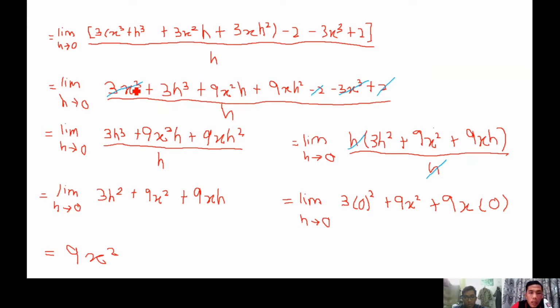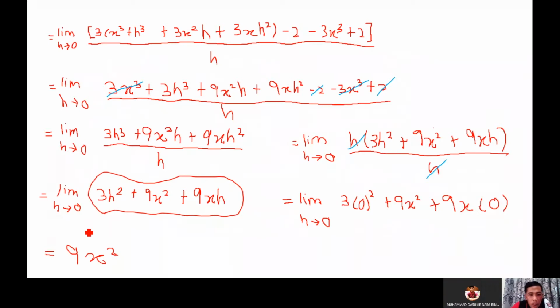So we got the same equation. This is 3x over 3 and 3x over 3. So 2 and 2. So we simplify the equation into 3h over 3 plus 9x 2h plus 9xh over 2, divided by h. So we can get this equation.